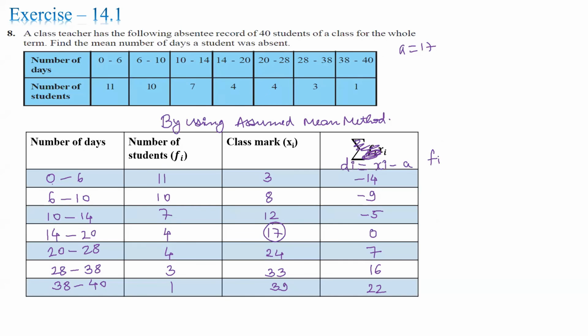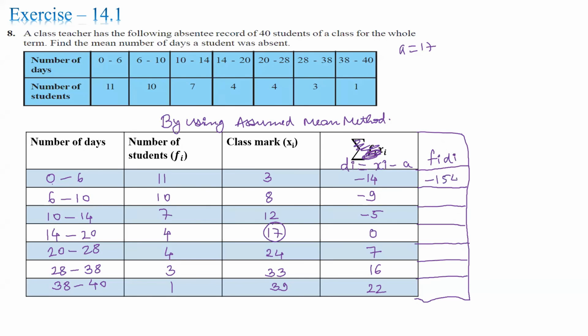Next, you will have to do fi into di. So write down the value of fi into di here. 11 into minus 14, how much it comes?